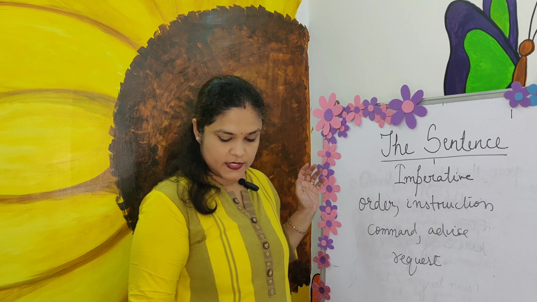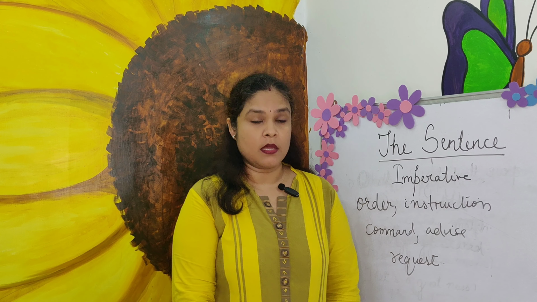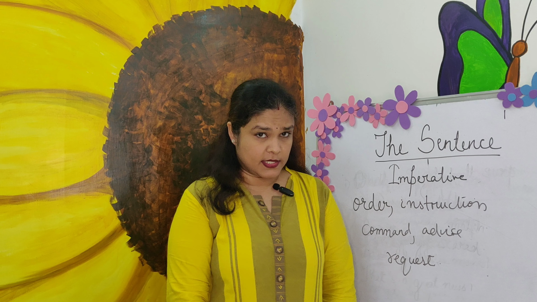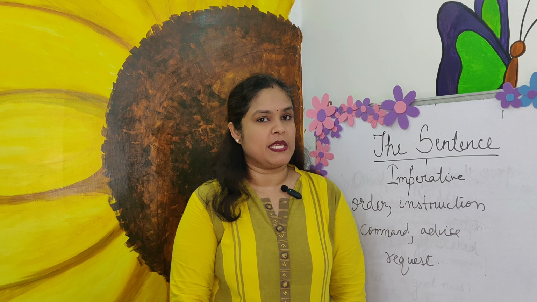Okay, so imperative sentences will be telling you about any kind of command, any kind of order that is being told to you, a request which is being made to you, or maybe an advice which is being given to you.